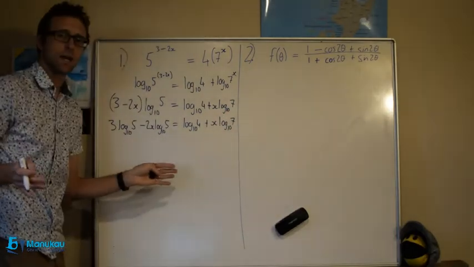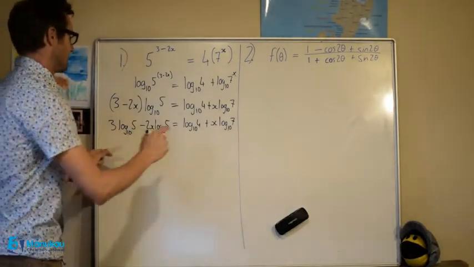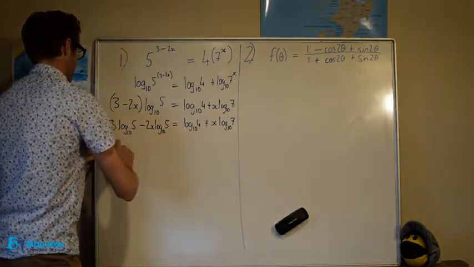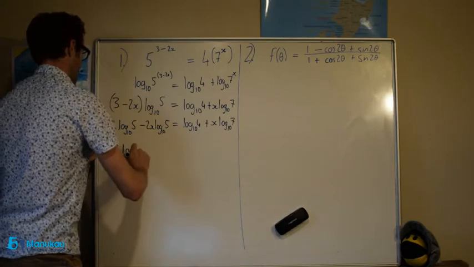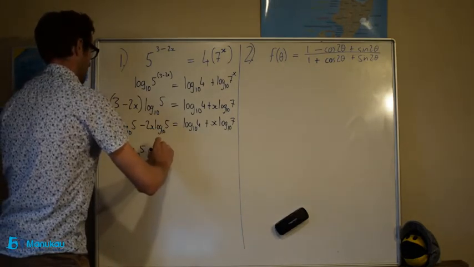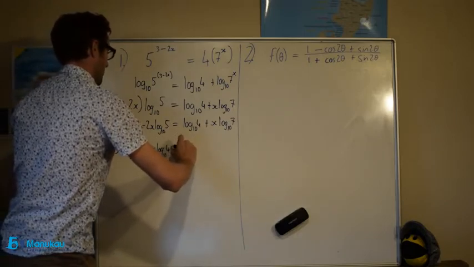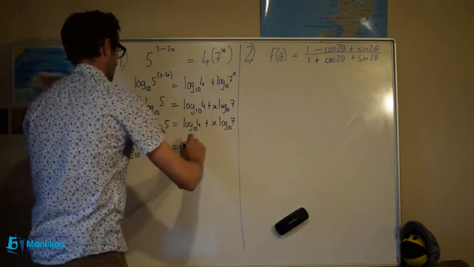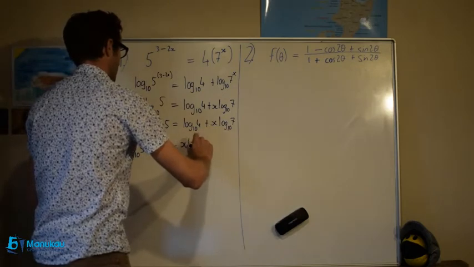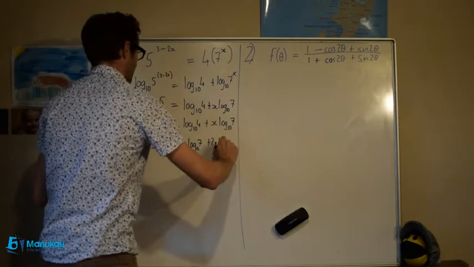Now I'm going to gather my like terms, so I want to get my x's over to one side and my non-x's over to this side. So I'm going to have 3 log base 10 of 5 minus log base 10 of 4 is equal to x log base 10 of 7 plus 2x log base 10 of 5.